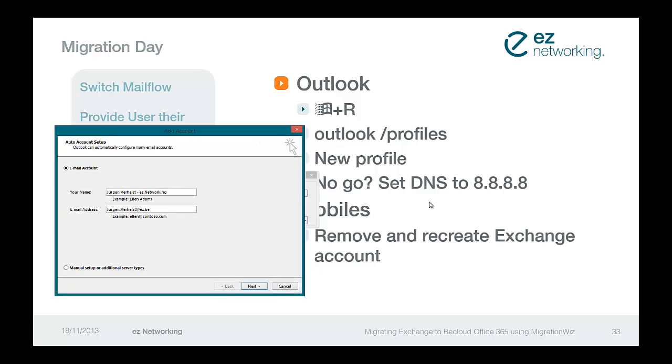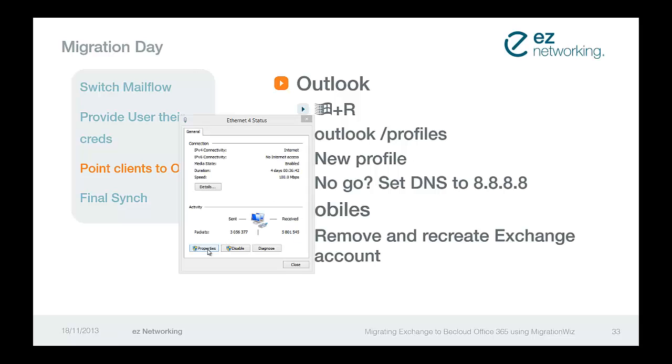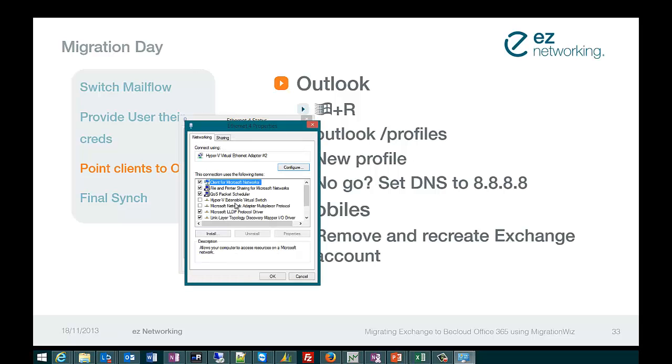So that's the no-go here. If it tries to connect to the SBS server again, we need to set our DNS settings to 8.8.8.8. This will circumvent the internal DNS, which is pointing me now to the old SBS server and point me to Office 365 correctly. So we're going to the properties of my network connection.